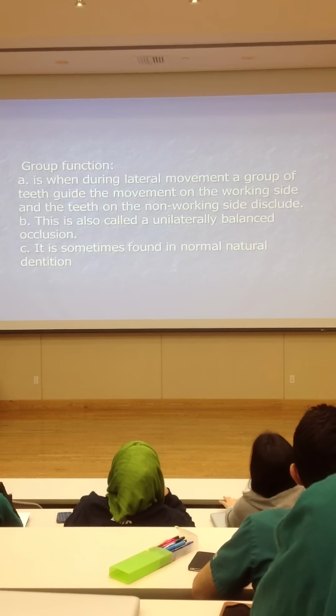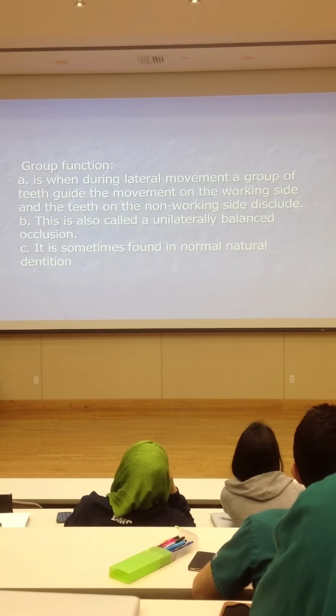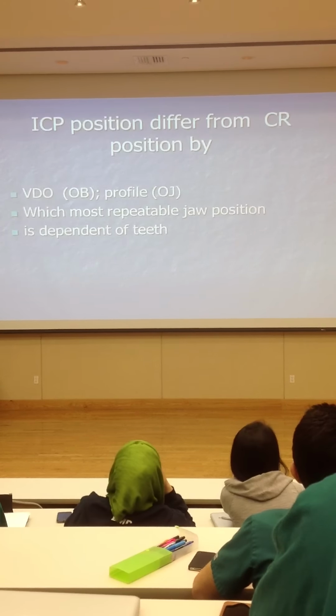Some people are going to call this a unilateral balanced occlusion. I removed that question from the exam. It can be found in normal dentition, most of the time in older people, but not necessarily.